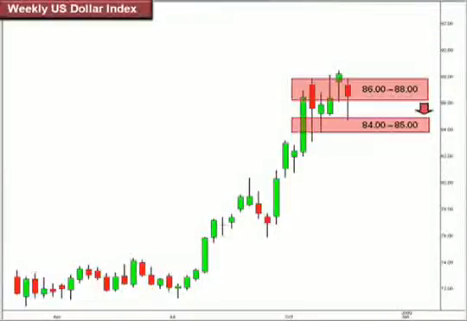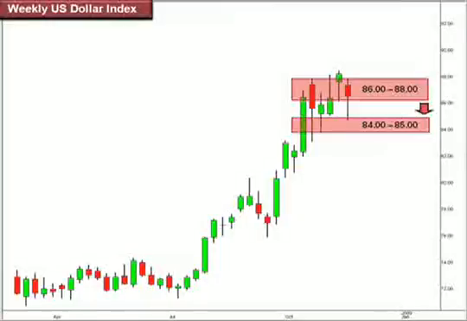Now, a look back at our weekly chart suggests that although the U.S. dollar did close slightly lower on the week, it did manage to hold its ground against most of the majors. And at this point, it appears that we are consolidating between those two key focal zones, the 86 to the 88 and the 84 to the 85.